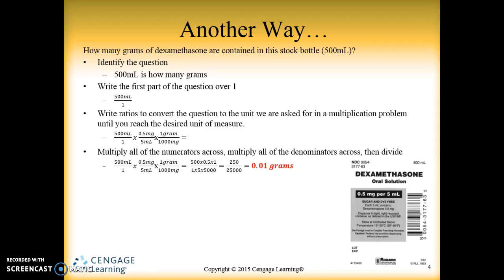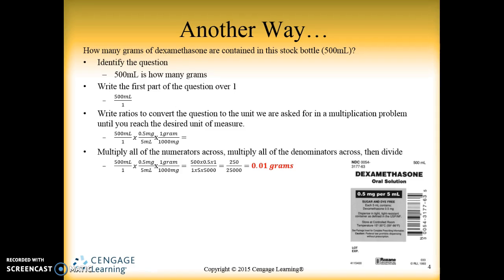It's dexamethasone. The strength of the medicine is 0.5 milligrams per 5 mLs, and this particular bottle contains 500 milliliters. So that's where the question comes from. So we want to know how many grams of the drug are contained in the 500 milliliters.